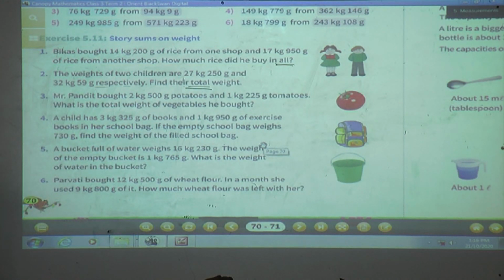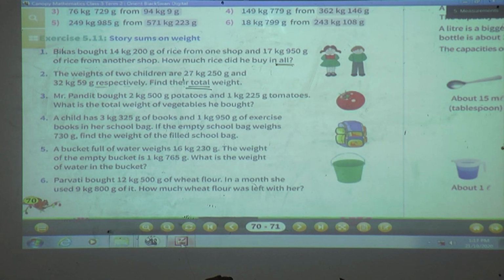See here, they have given us the weight of the two children. The weight of the first child is 27 kilogram and 250 gram, and the weight of the other child is 32 kg 59 grams, and we have to find out the total weight. So total means what? Here also we have to do the addition.